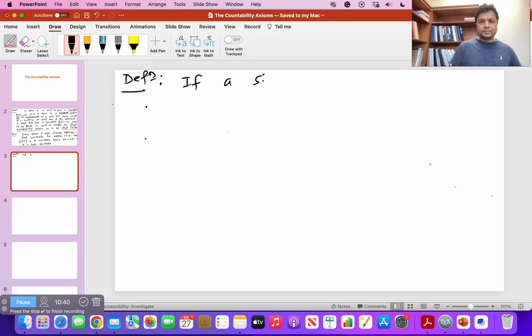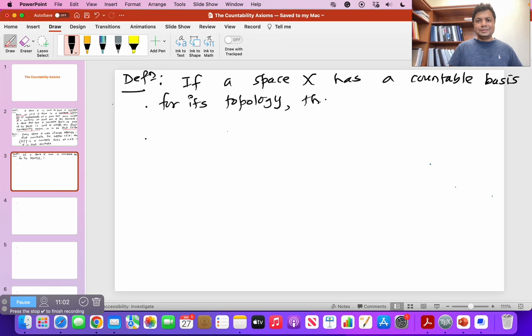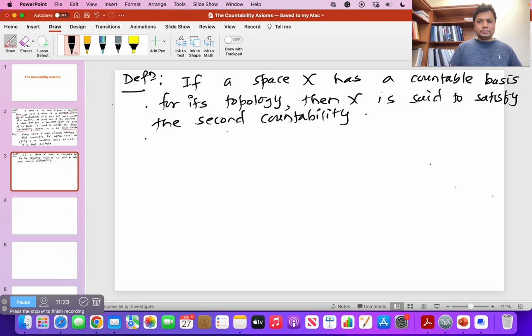If a topological space X has a countable basis for its topology, then X is said to satisfy the second countability axiom, or X is said to be second countable.